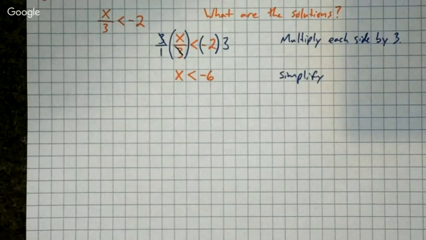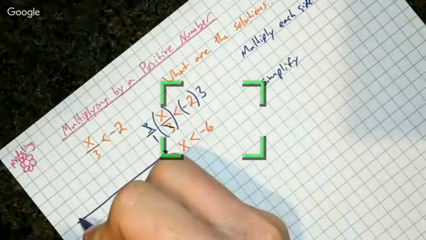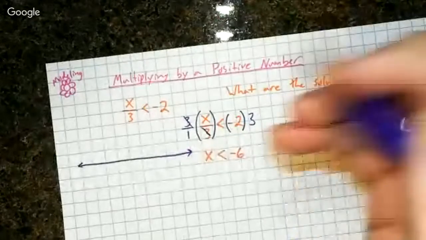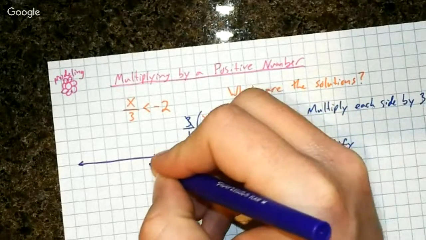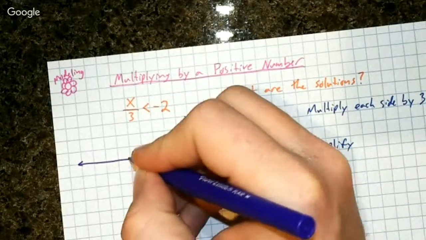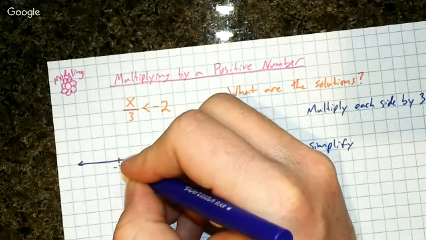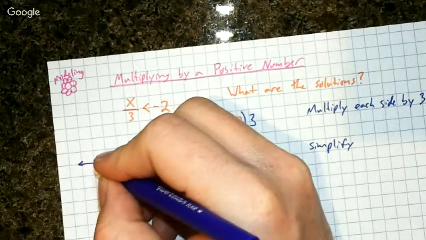Now, finally, if you wanted to graph this, as it's always good to graph these, we can go ahead and just draw out our number line. And we'll say negative 2, negative 3, negative 4, negative 5, negative 6, negative 7, negative 8, negative 9.